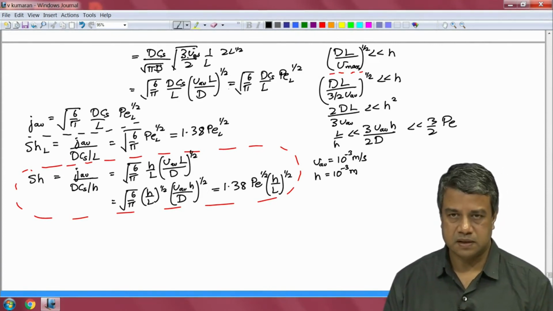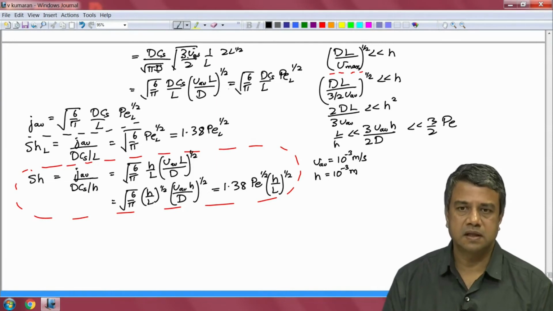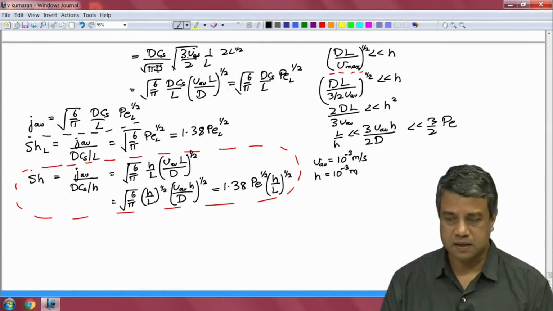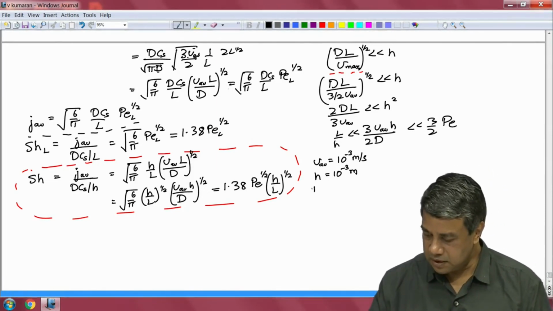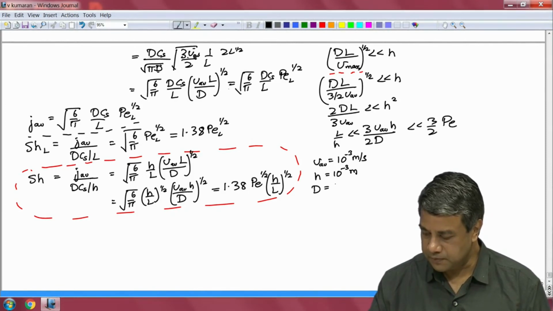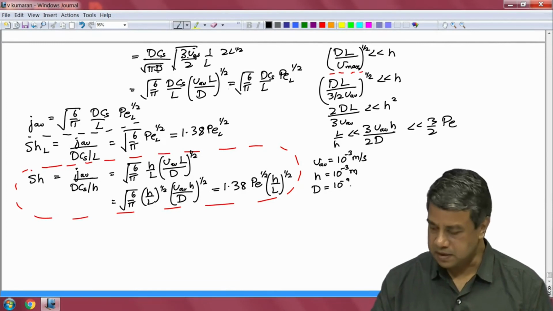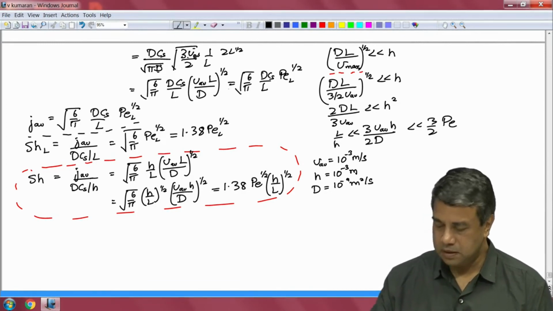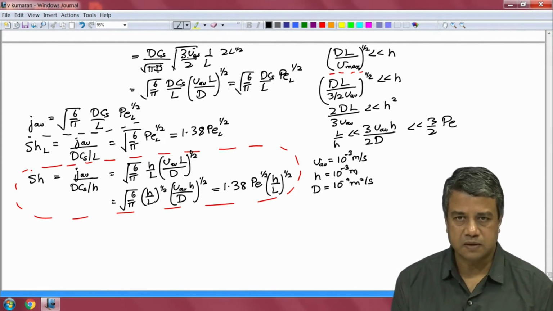So, this is the lower limit of the velocity and thickness you would have in practical applications. The diffusion coefficient I said was equal to 10 power minus 9 meters square per second, for small molecules in liquids.